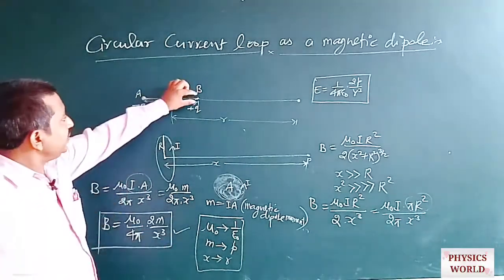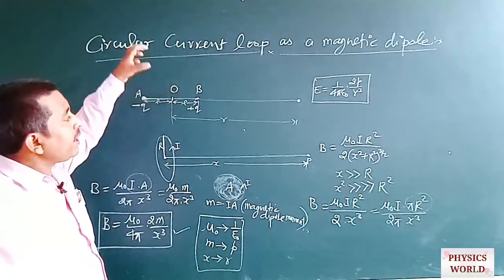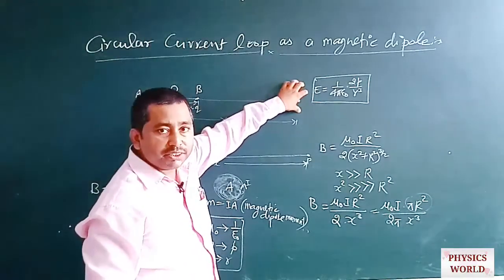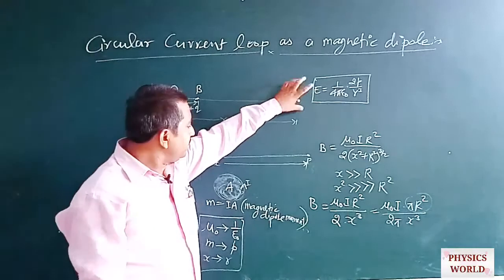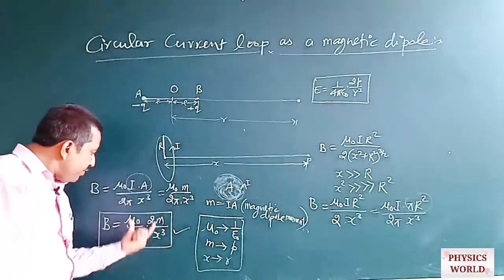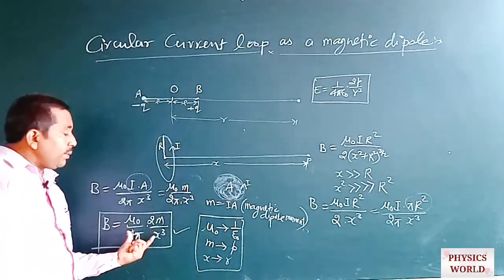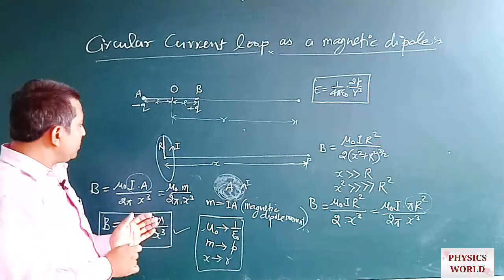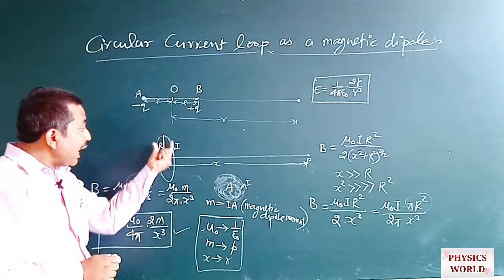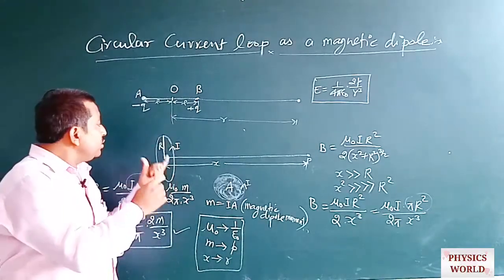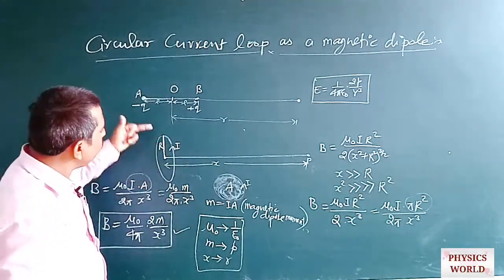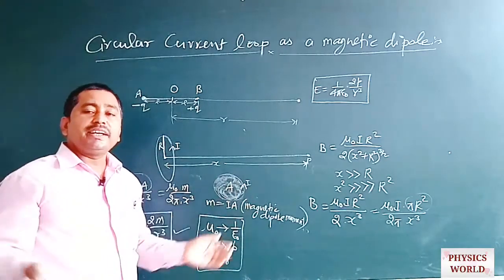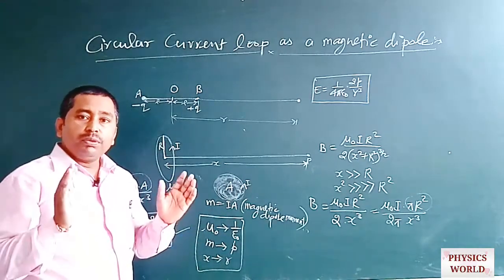So this is an electric dipole and it provides the electric field at this point, and in a similar manner this is the magnetic field. The magnitude of this magnetic field is obtained with the help of the magnetic dipole. In a similar manner, we can say that this circular loop behaves just like a magnetic dipole.